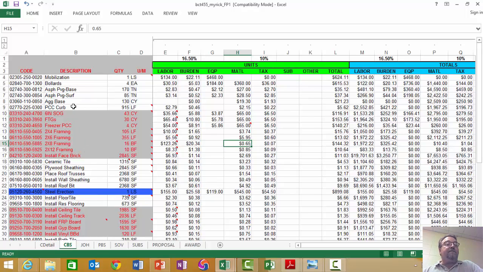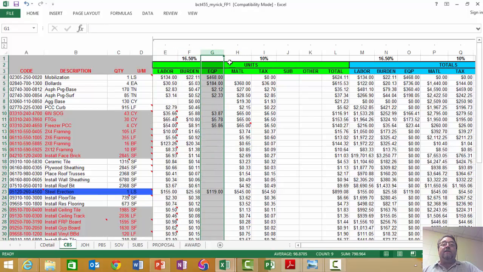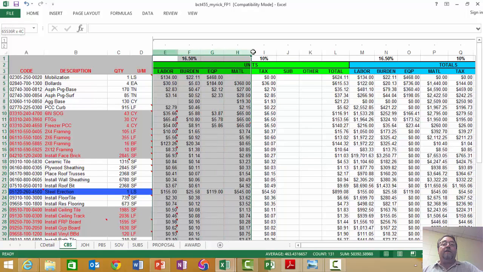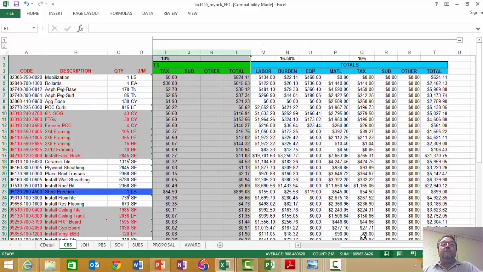It doesn't have verbs in front of these on all of them, okay? But they could still be scheduled in a schedule. And here are the cost categories. Looks like the exact same ones that I'm asking of you. These are by unit, and these are by totals.